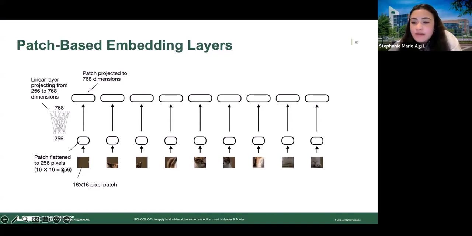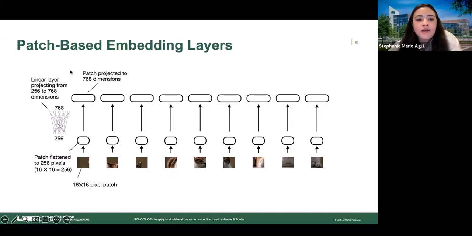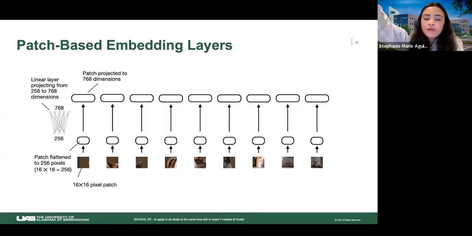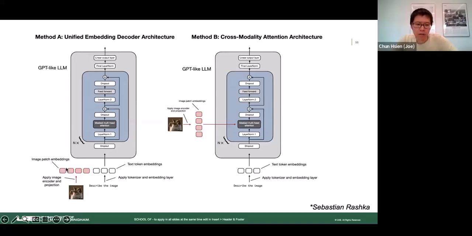Okay. So here is just a little bit more. You have a 16 by 16 pixel patch. You flatten it, and then you put that through a linear layer, and then you put those embeddings into your architecture. So if you go back to this part, you're really just doing that patch-based portion really here. So it largely depends on the pixels, right?